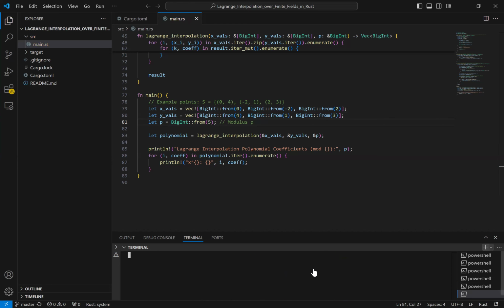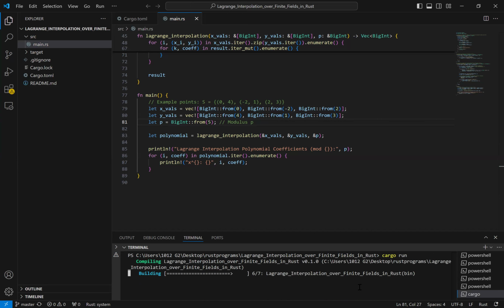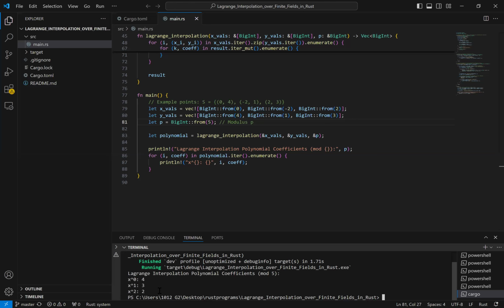So let me run this. So it tells me that it's 2x squared plus 3x, and then plus 4. The polynomial that will come out of these points, mod P, mod 5.